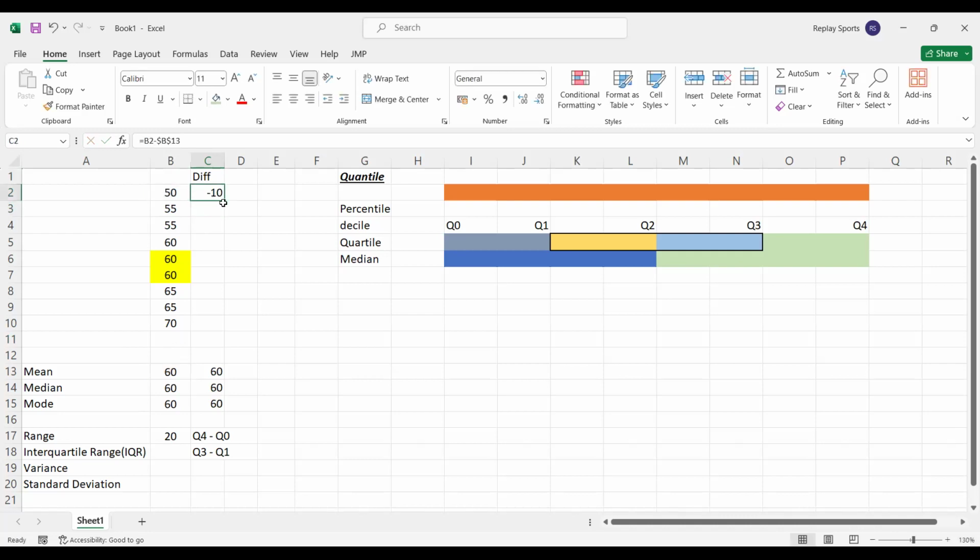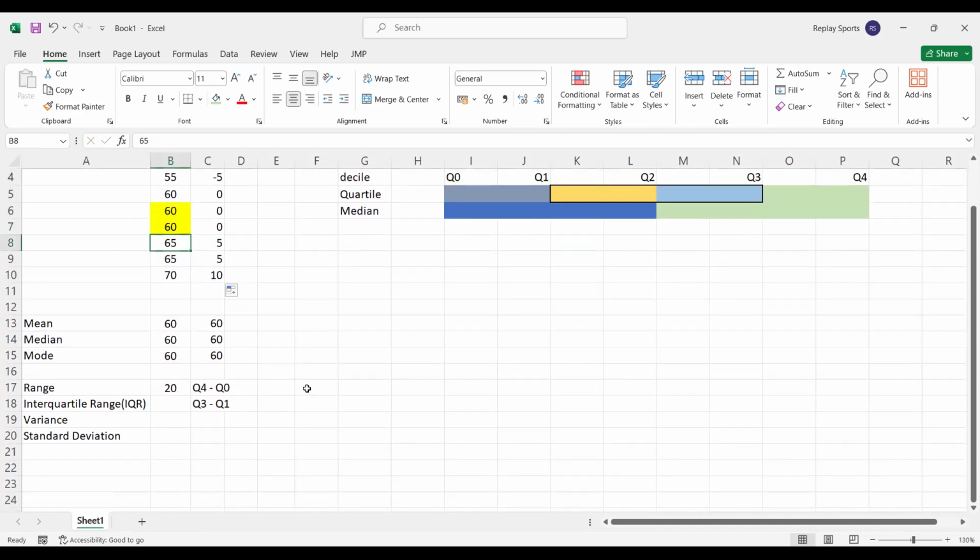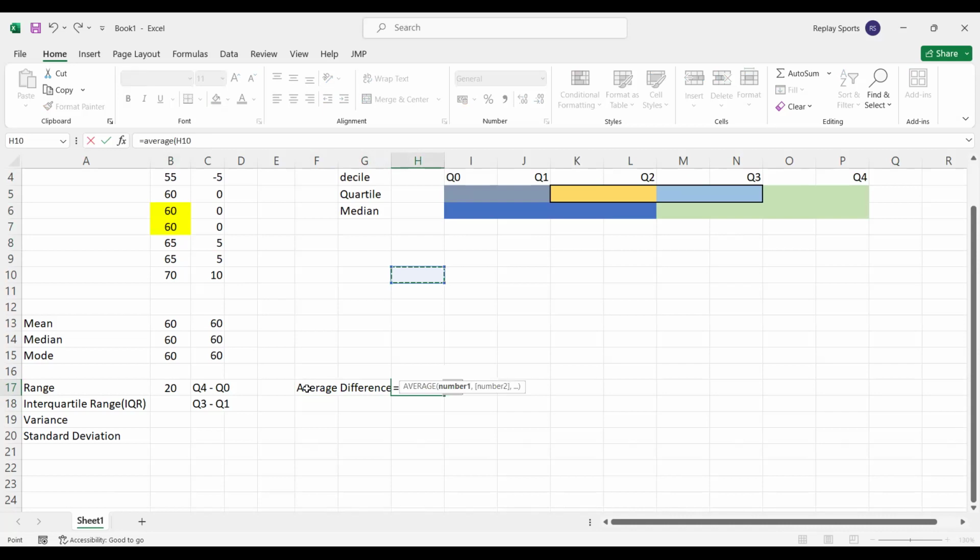So your difference here is 50, so minus 10. 55, so minus 5. Here same as average, correct? So difference is 0. Now, what is the average difference? So we will calculate what is called as average difference. So average of the difference, right? These are your difference, right? Average difference.